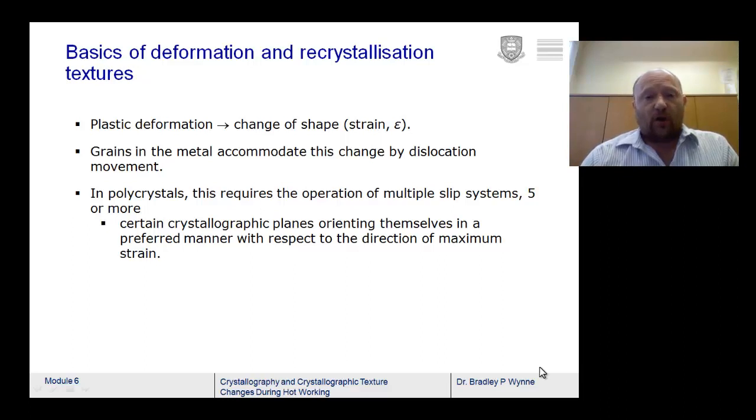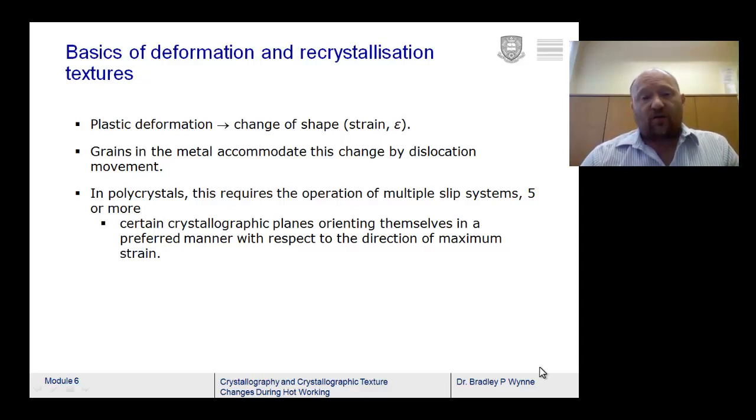We can define a random texture as a material that contains a random set of grains. A material that has a strong texture would have many grains that have a similar orientation with respect to the macroscopic orientation. We define the strength of that texture quite easily.